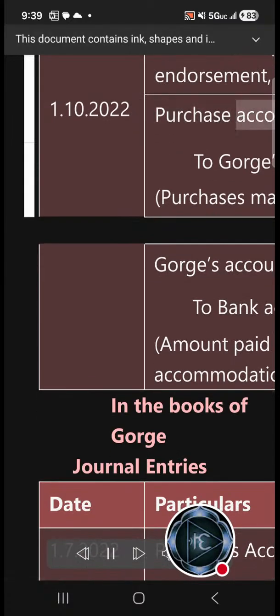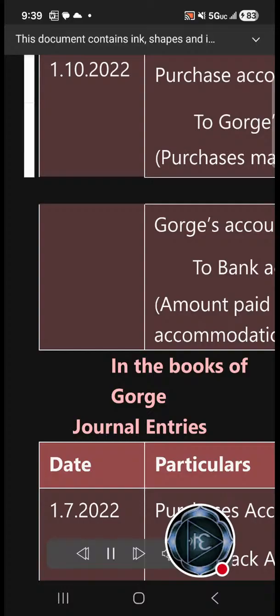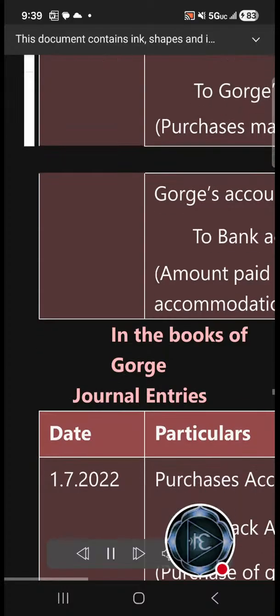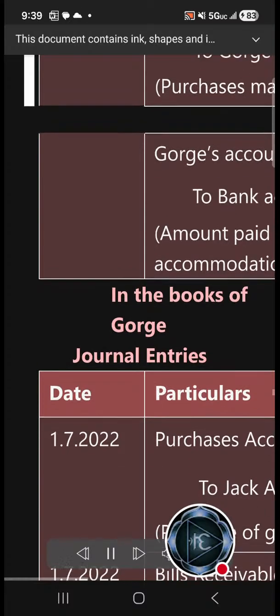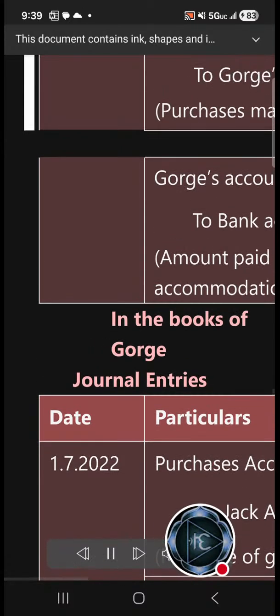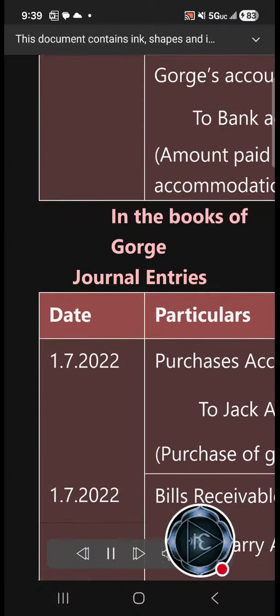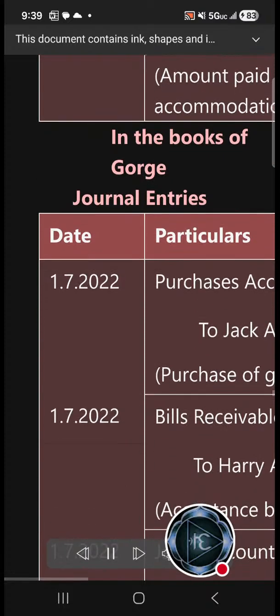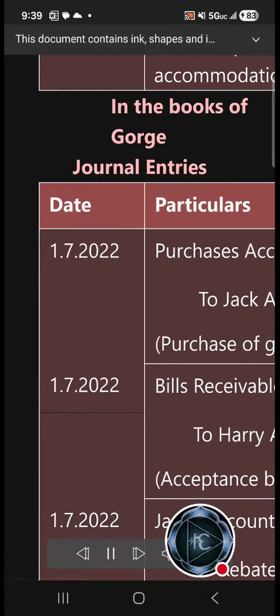Purchase account Dr. 200,000 To Gorge's account. Purchases made from Gorge. 200,000. Gorge's account Dr. 200,000 To bank account 20,000. Amount paid to Gorge after adjusting 180,000 for accommodation extended to him.